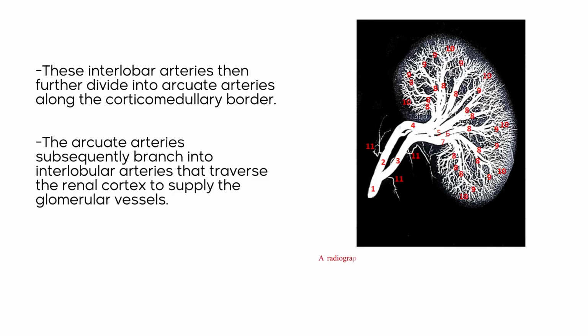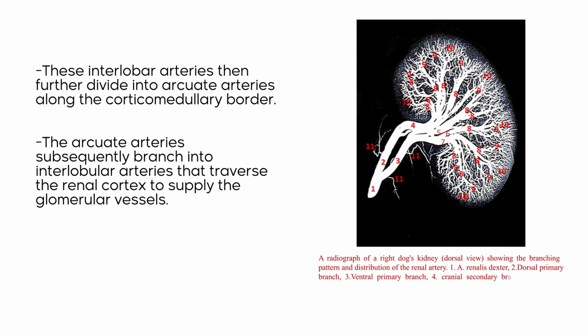A radiograph of a right dog's kidney, dorsal view, showing the branching pattern and distribution of the renal artery. 1. A. Renalis dexter. 2. Dorsal primary branch. 3. Ventral primary branch. 4. Cranial secondary branch. 5.